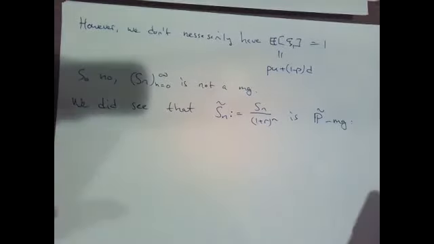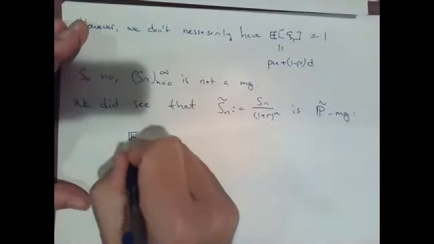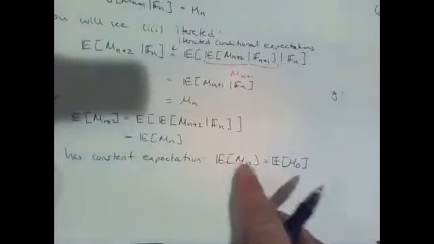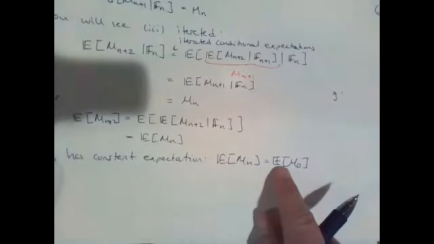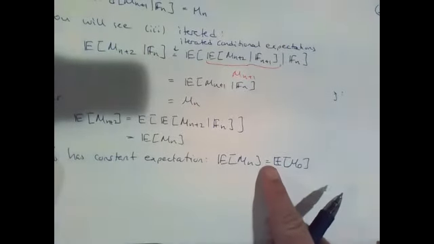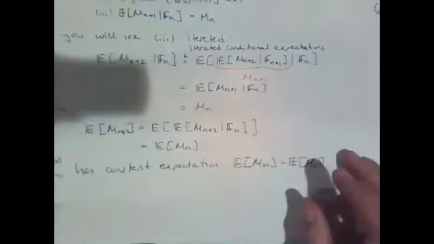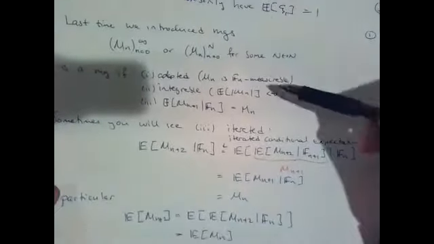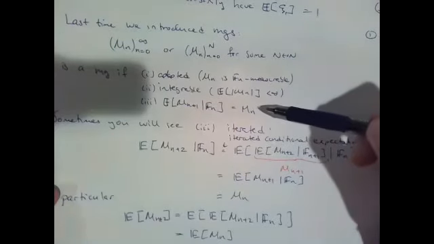And how did we see that? Well, remember, the martingale property is not given by this property. This here is an implication of being a martingale. If you want to prove that something is a martingale, you have to check properties 1, 2, and 3.